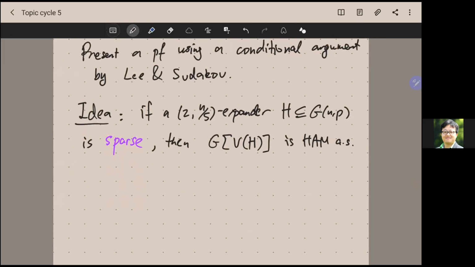Let me write this down more precisely. This is the lemma, in the precise form, lemma 4.24.